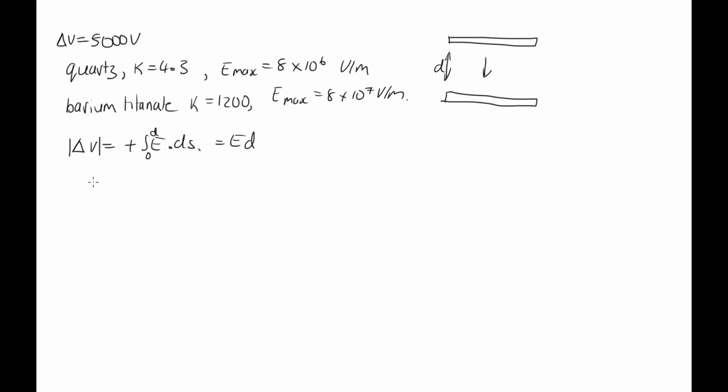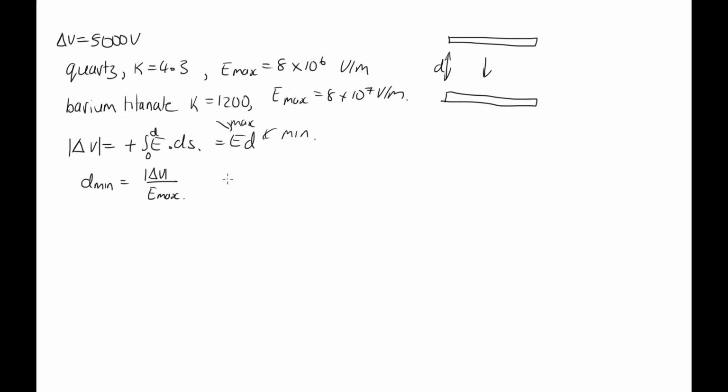So if we want to know what the minimum d is going to be, then that'll be when we've got the maximum value for E, given that we know our potential difference. So we can write d min is going to be equal to delta V over E max.